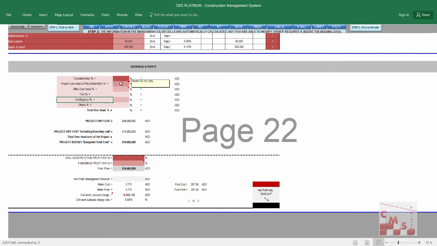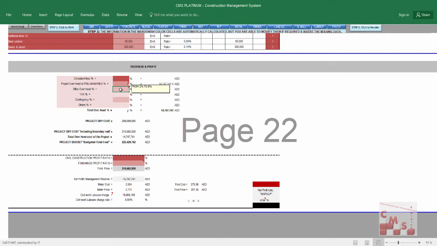For project overhead, according to the engineering practice, it's starting from 5% till 15%. We'll consider here 7%, and this will be distributed for all project activities. Also, office overhead is the amount shared by the project to run the head office, and according to the engineering practice, it is starting from 2% till 8%.